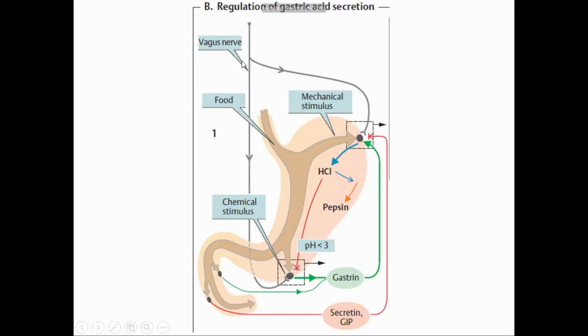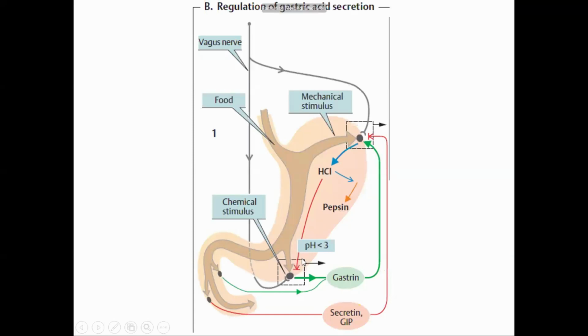So the vagus nerve releases acetylcholine here. The vagus nerve releases gastrin releasing peptide here. Gastrin goes through the blood, acts on the parietal cell, and there will be secretion of HCl. If HCl is more, then gastrin is also inhibited.